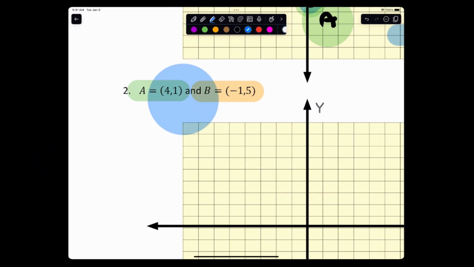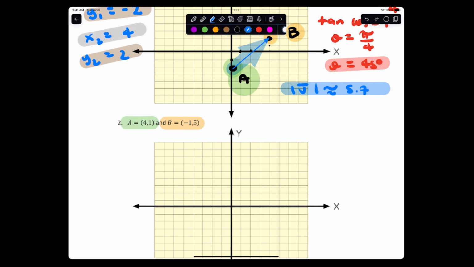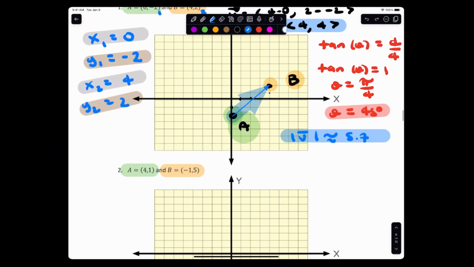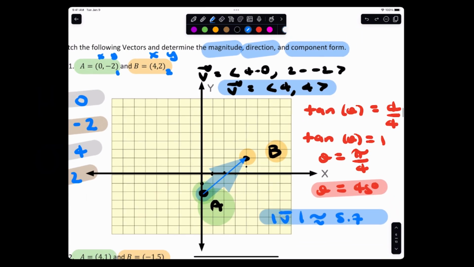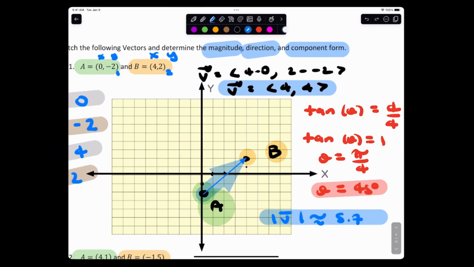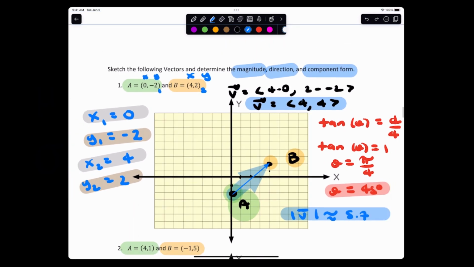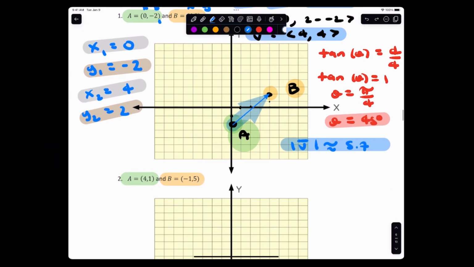Yeah, we're done. You got the component form right here, 4, 4. Then you got the magnitude and the direction. All the information is right here. All right, let's do the next one.